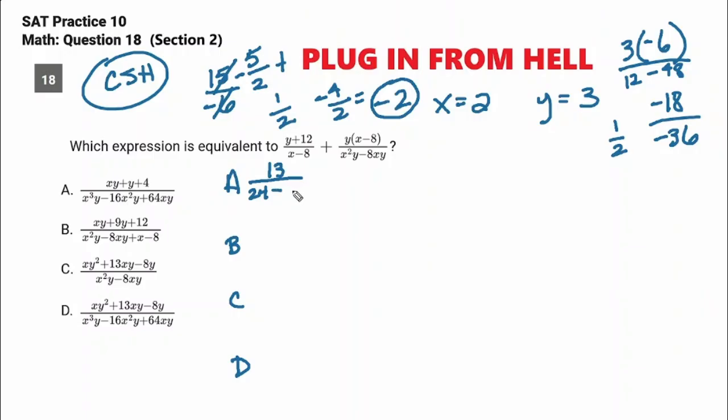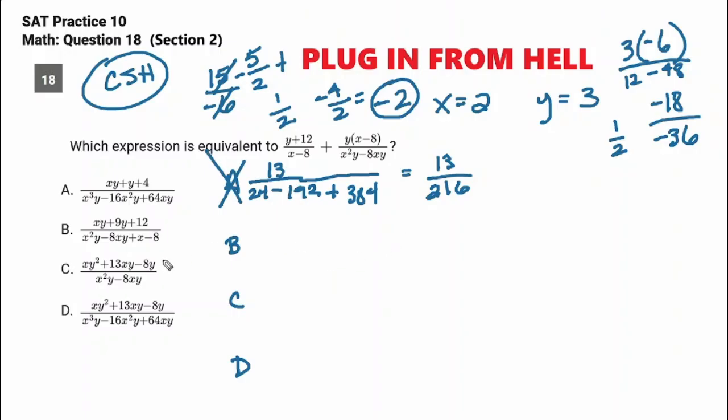Obviously, calculator math, 192 plus 64 times 6. More calculator math, 384. All right, I'm going to go ahead and do this. 24 minus 192 plus 384. That's 216. So this is 13 over 216. You don't need to do anything else. Obviously not negative 2. Go on.